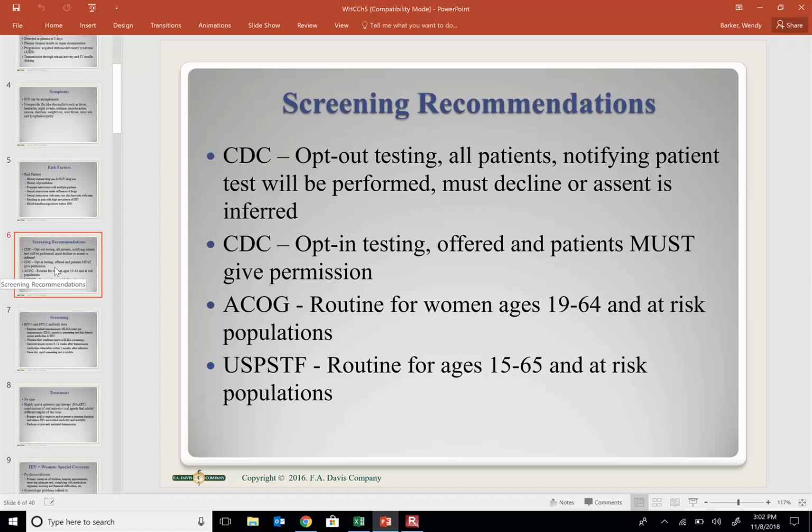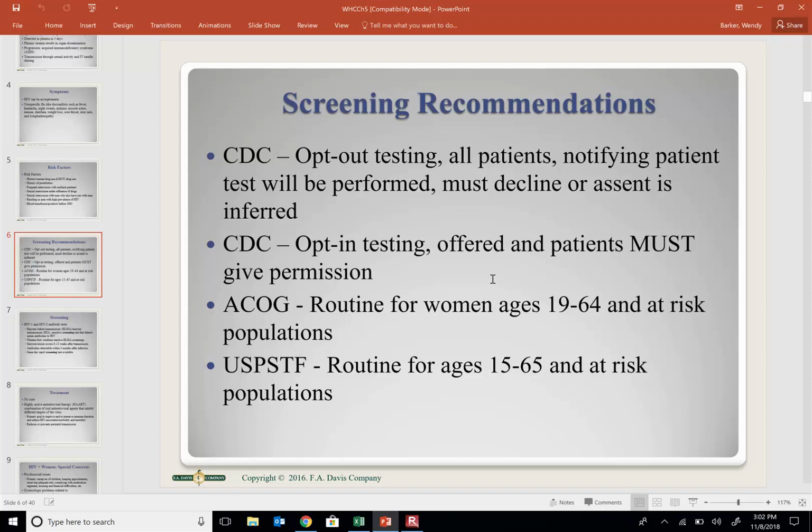screening. I don't know if you know about this, what the CDC recommends as opt-out testing and opt-in testing, but I'll just explain to you. So opt-out testing means that all patients will be notified that, so if we practice opt-out testing in my clinic, all of my patients that come in are going to be tested for HIV.